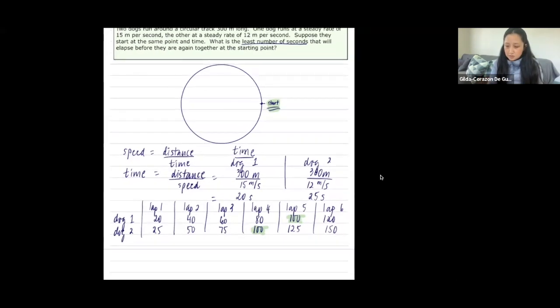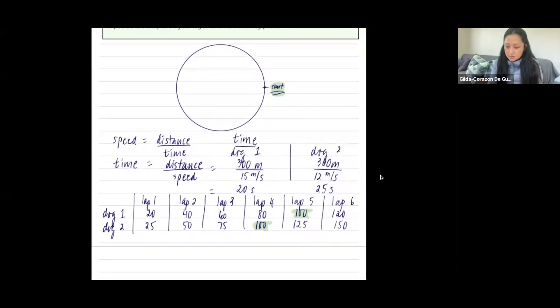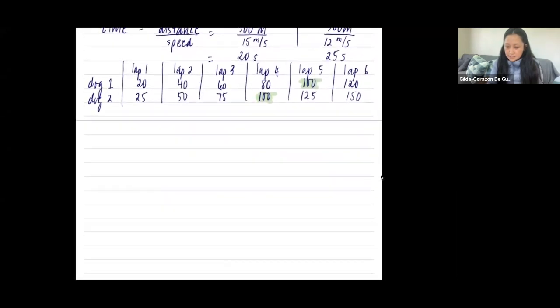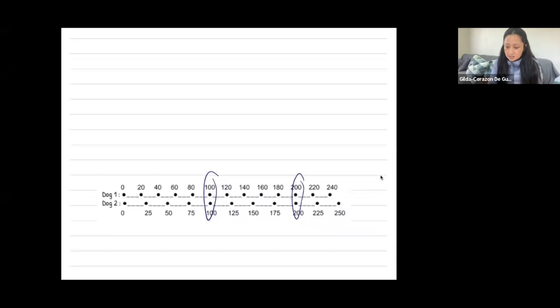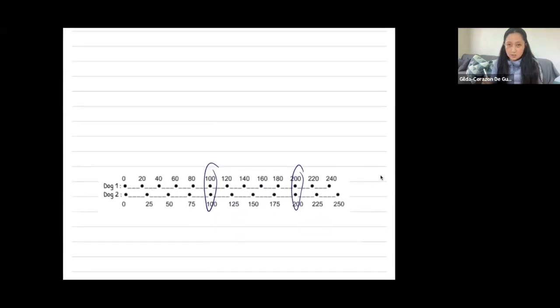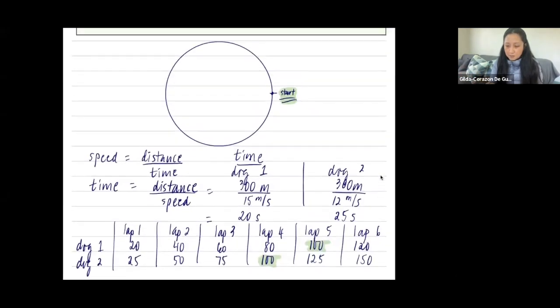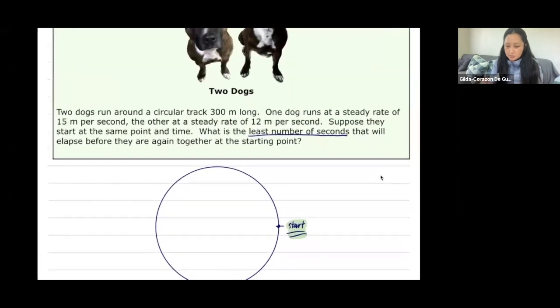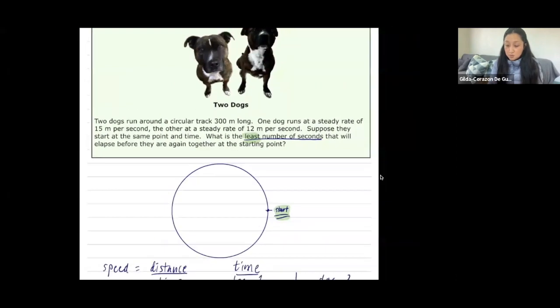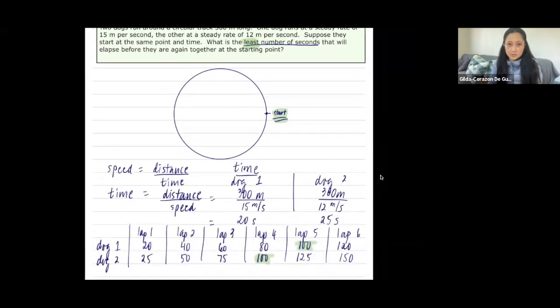Now you could also show that in a table like this, and you'll find that it's always after 100 seconds that they will meet again at the starting point. But our question here wants just the least number, so we've got our answer, which is 100.